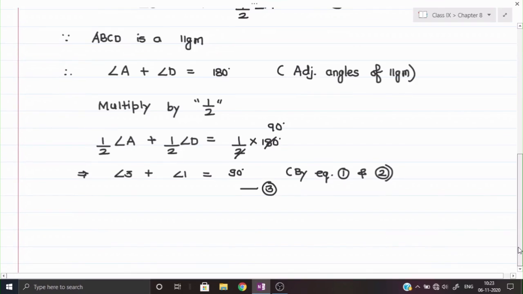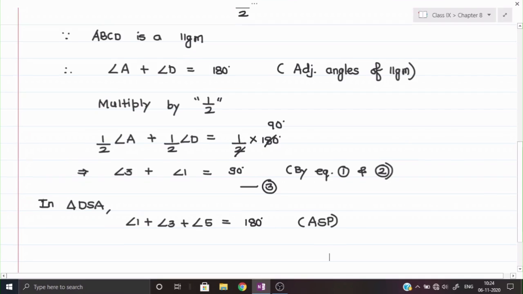So now further we shall write down in triangle DSA, angle 1 plus angle 3 plus angle 5 is equal to 180 degrees. Here the reason we shall give is angle sum property.